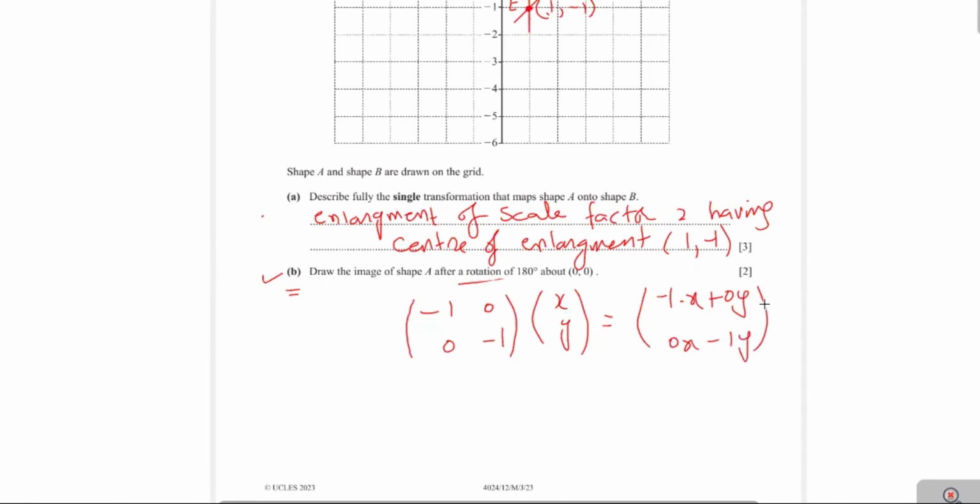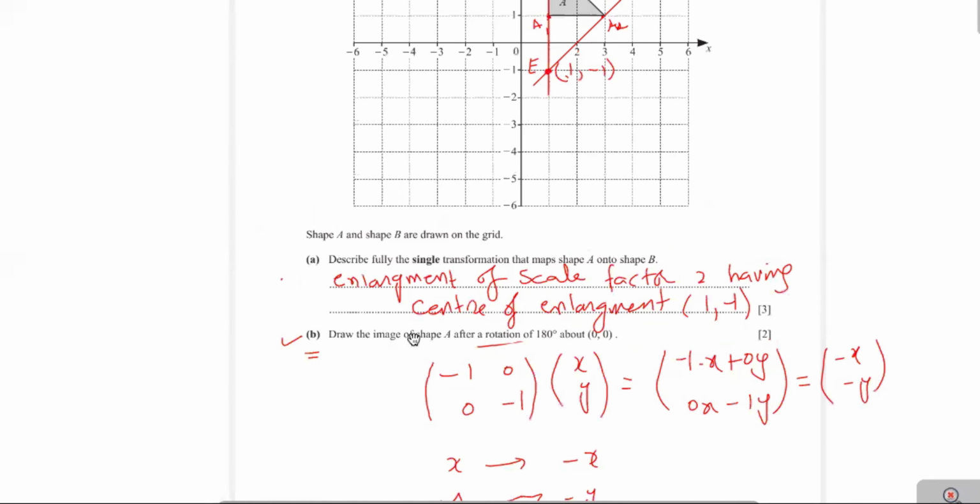When we multiply this, we get the image point of rotation of 180 degrees, that is (-x, -y). It means when we change the sign of x to -x and y to -y, we get the image points of 180 degree rotation.